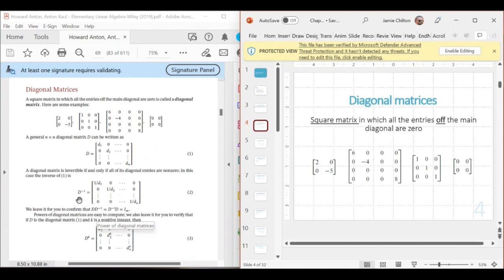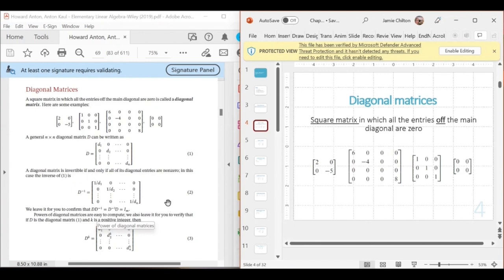There's a lot packed into this one short sentence, but if it is invertible, then the inverse of D is simply 1 over whatever your entries were. So here's your D. If it's invertible, you can quickly find the inverse of a diagonal matrix by having each of these entries be 1 over whatever the original entry was.